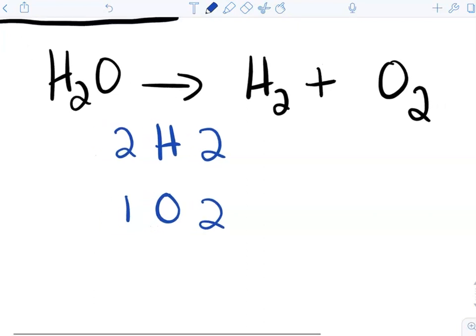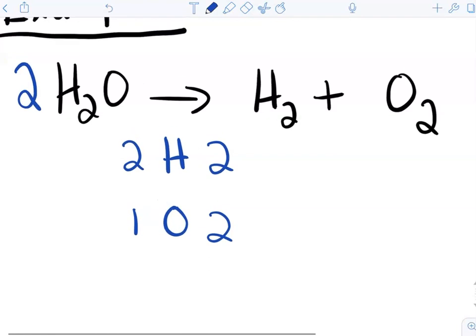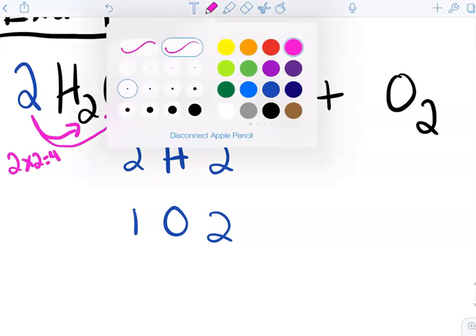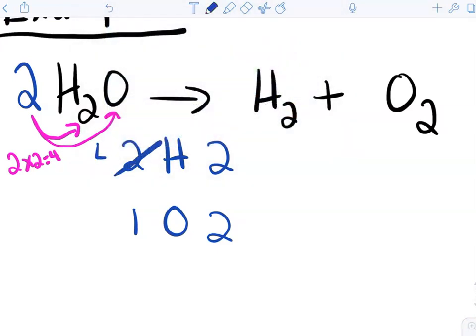If I have 2 oxygens on the product side and 1 on the other side, if I put a 2 over here, I then have to distribute that 2. For the hydrogen, 2 times 2 equals 4, so instead of 2, I now have 4 hydrogens. And over here, 2 times 1 equals 2 oxygens.